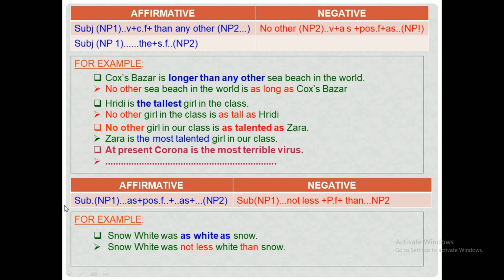For example, Snow White was as white as snow. If we use not less in lieu of the first as and then than in lieu of the second as, our answer will be Snow White was not less white than snow.